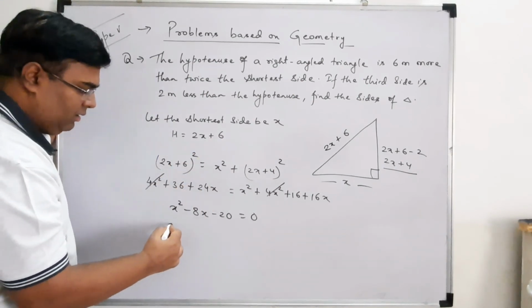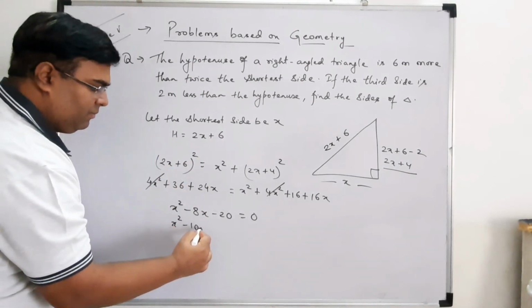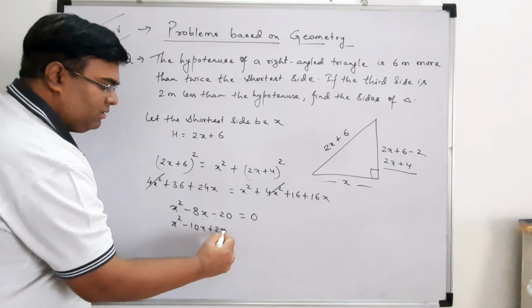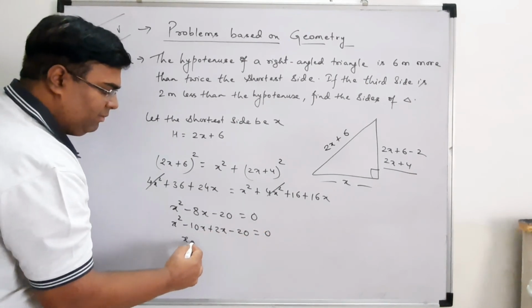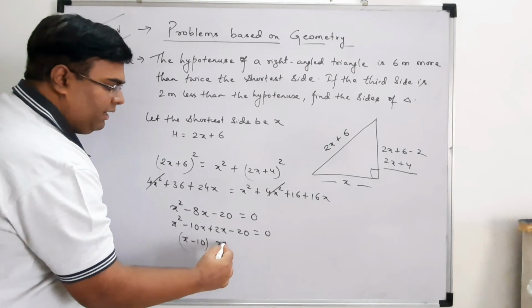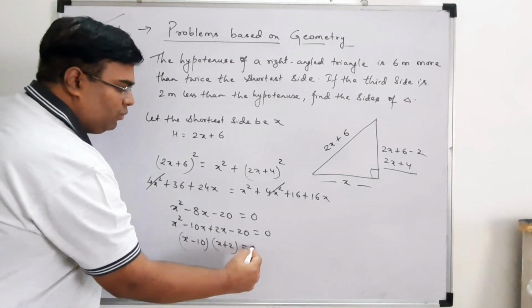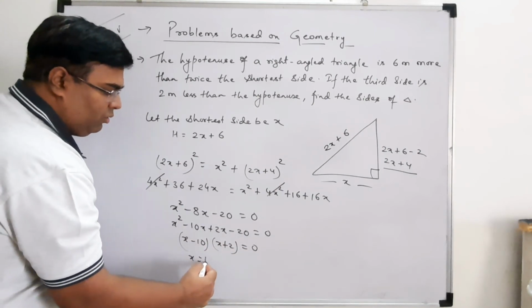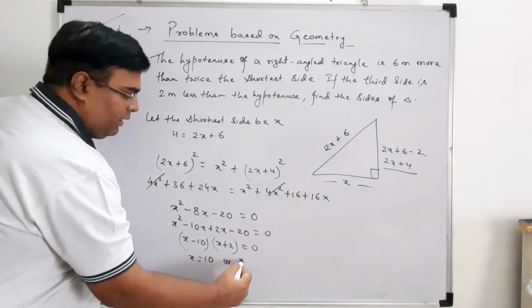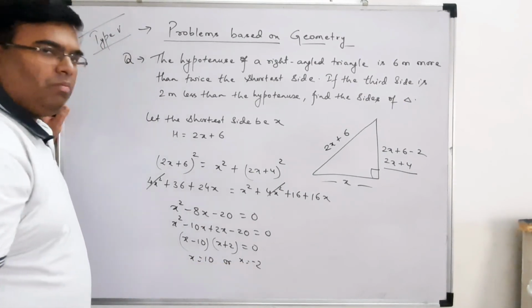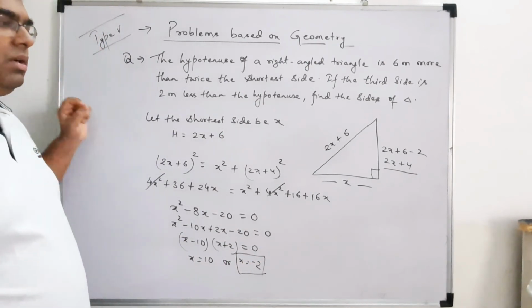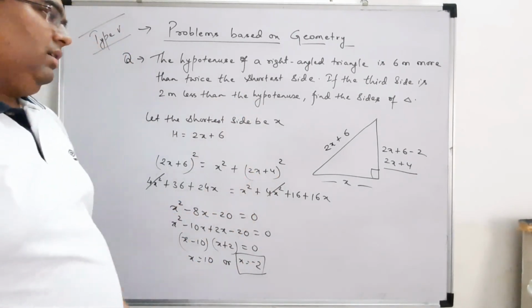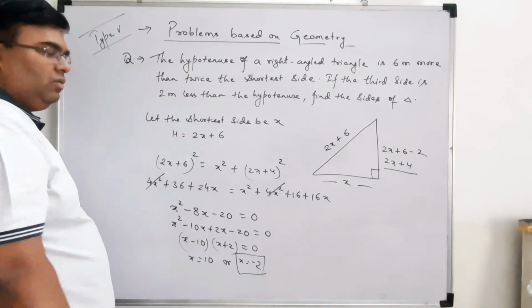How? We can do this by splitting the middle term. So it will be x minus 10 and x plus 2. So x is equal to 10 or x is equal to minus 2, but negative numbers are not applicable. Why? Because it's a side of a triangle. So x is equal to 10.